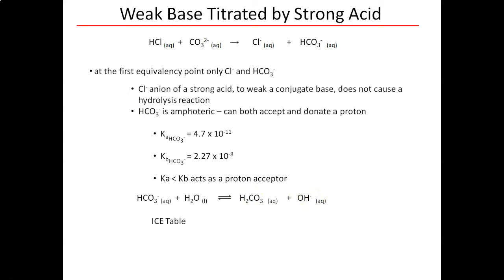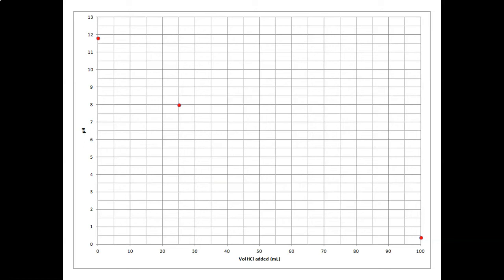Okay, so now I do an ice table for this reaction, and I get a pH of 7.98. Okay, it makes sense because I'm producing hydroxide ion. But because I'm just over 7, it tells us that this reaction does not occur very much. So I can put my pH for my first equivalency.